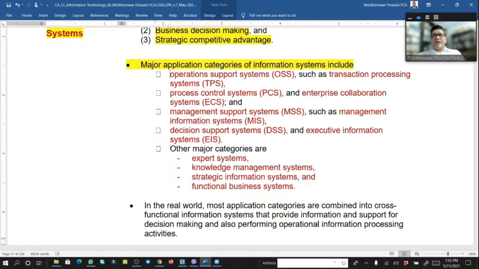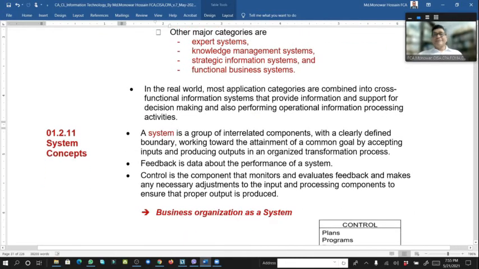So here OSS, TPS, PCS, ECS, MSS, MIS, DSS, EIS, expert system, knowledge management system, strategic information system, and functional business, all are systems, and that type of major application category of information system we are using in our organization at this moment. In the real world, most application categories are combined into cross-functional information systems.